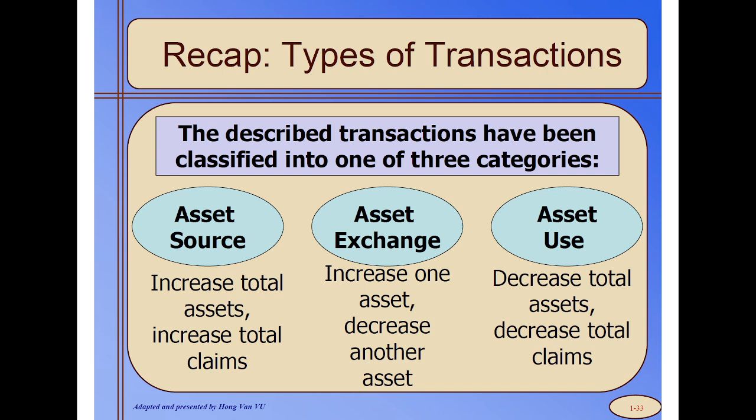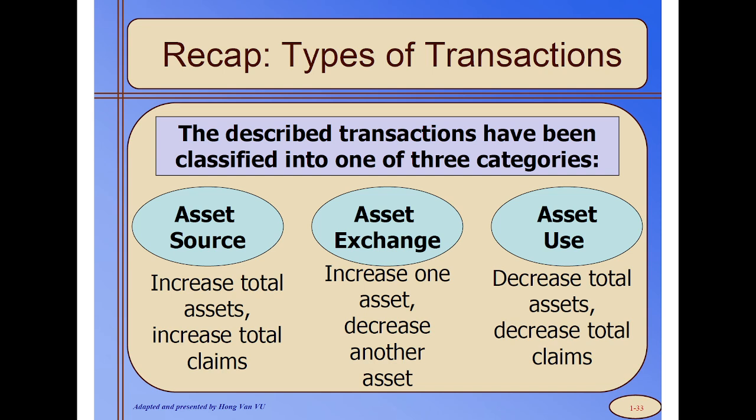An asset source transaction increases total assets and increases total claims. An asset exchange increases one asset and decreases another asset, so we can call it an investing activity, like when we buy the land.